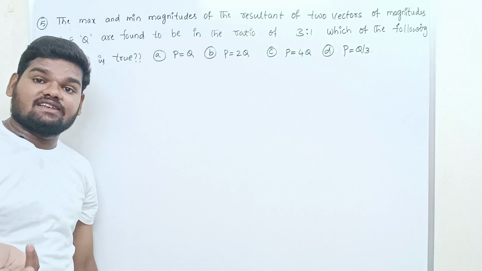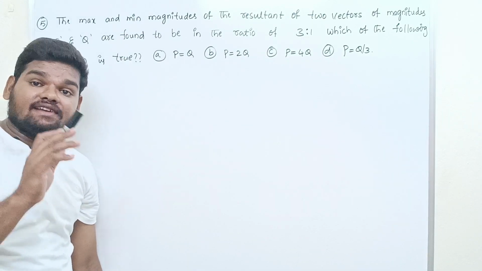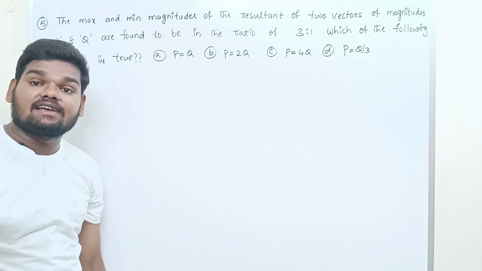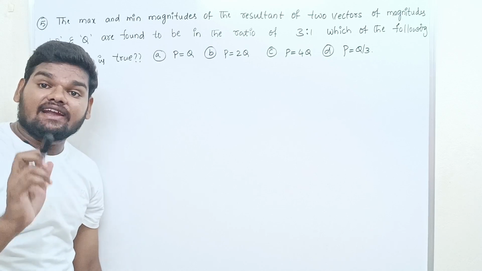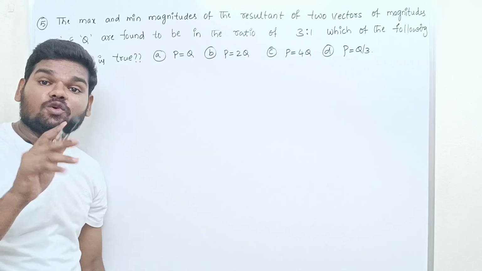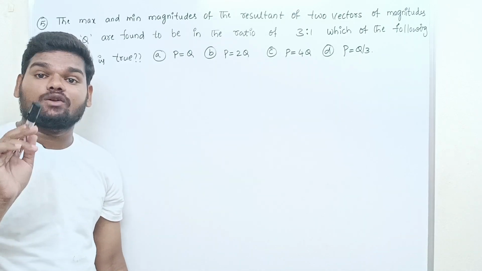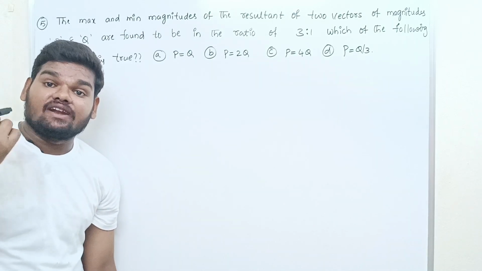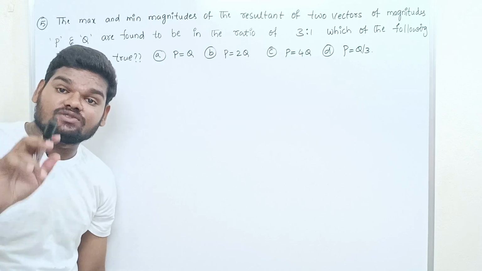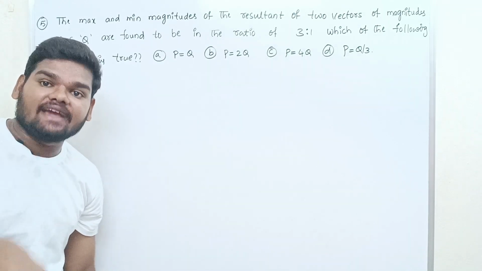In a previous lecture, I told you about resultant maximum and resultant minimum. We will get resultant maximum when the two vectors are parallel to each other, that means the angle between the two vectors is 0 degrees. Whenever we substitute theta equal to 0, we get resultant maximum.